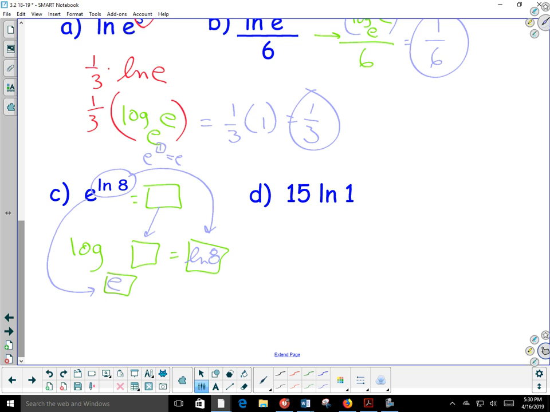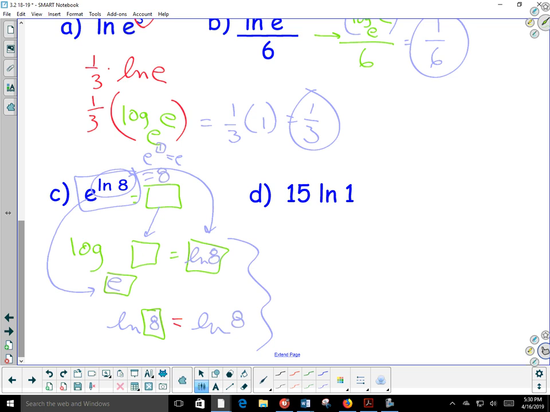So I get log to the base e of box equals ln of 8. Well, log to the base e means ln, so I've got ln of box equals ln of 8. Now that tells me that what goes in the box must be an 8. So that's why the answer for this is equal to 8. Do you have to show all these steps? No, you just need to know that e raised to the ln of 8 is always going to equal 8.